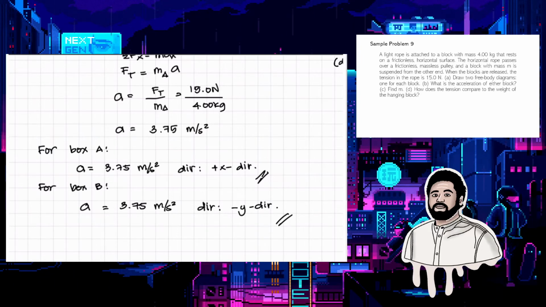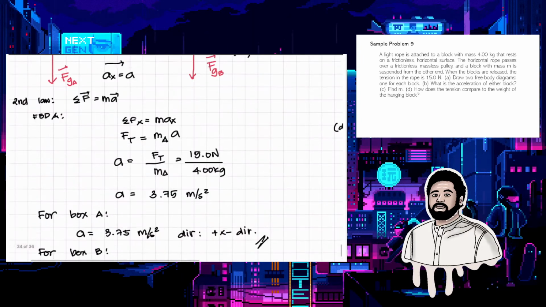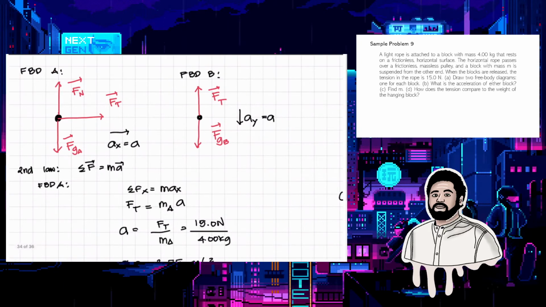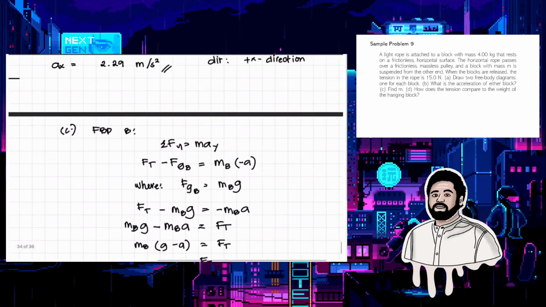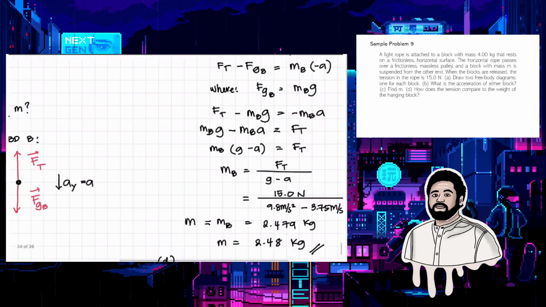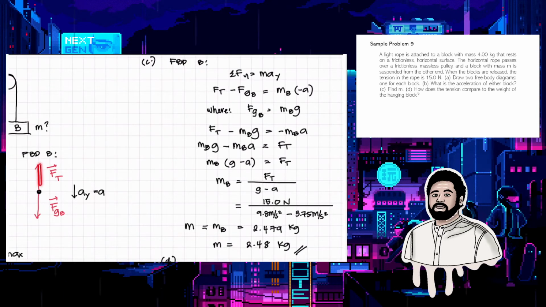For letter C, finding mass M. Obviously, for that unknown mass, you could solve that one using the free body diagram of B. So, summation of forces along the y is equal to MAY. So, you have the tension force, and then minus the pull of gravity is equal to MB times the negative acceleration.